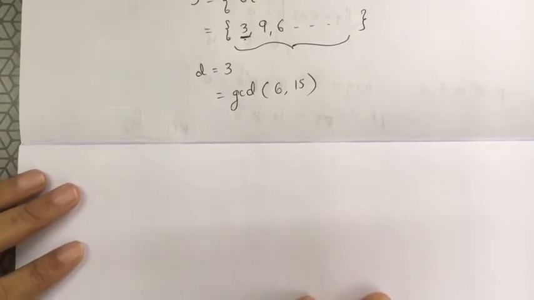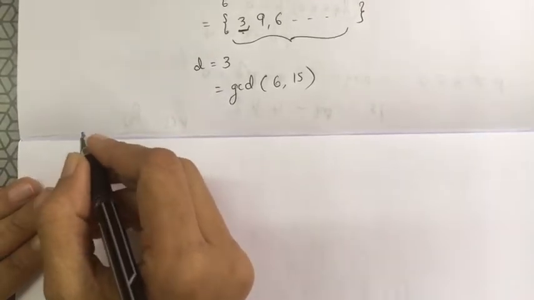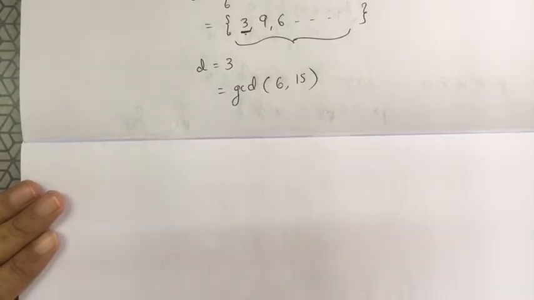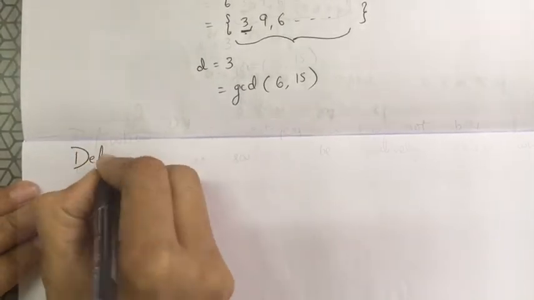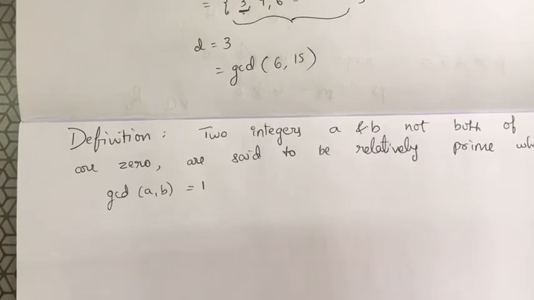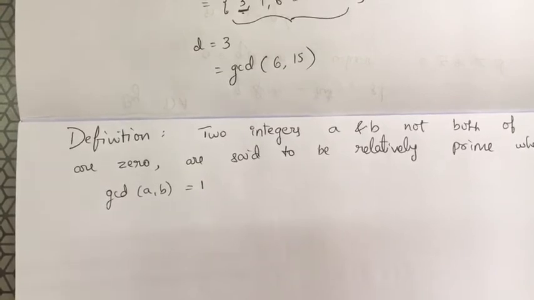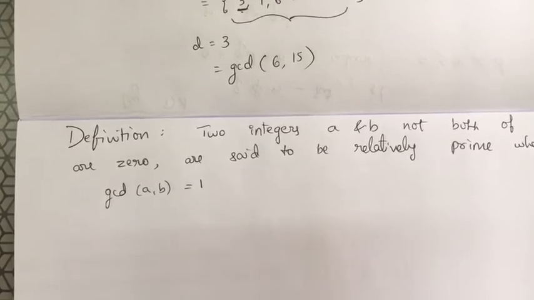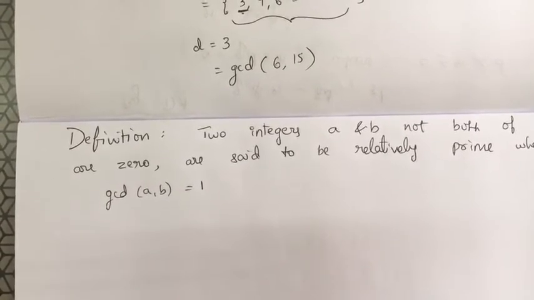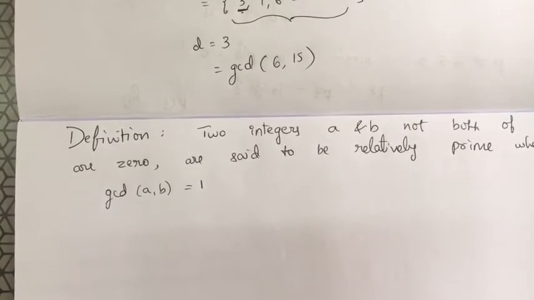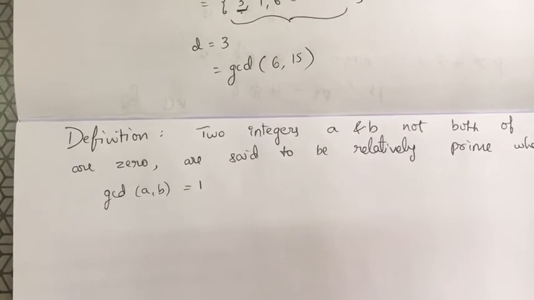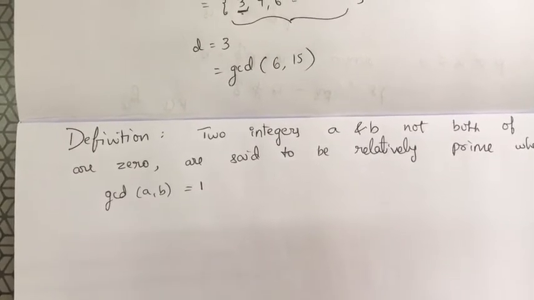Now let us look at one more definition, that is relatively prime. We can say D is the greatest common divisor of two integers A and B, not both of them 0, if D divides A, D divides B, and for any arbitrary common divisor C, C must be less than or equal to D. Now what happens if that greatest common divisor is equal to 1?